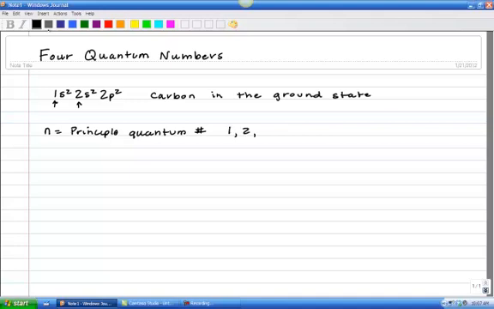So 1, 2, 3, etc. And if we're thinking about relating it to the periodic table, that of course relates to the level of the periodic table, loosely at least in terms of making sense of it and electron configuration. So principal quantum number really is how far the electrons are away from the nucleus. Electrons on level 1 are closer to the nucleus than electrons on level 2 and electrons on level 3.